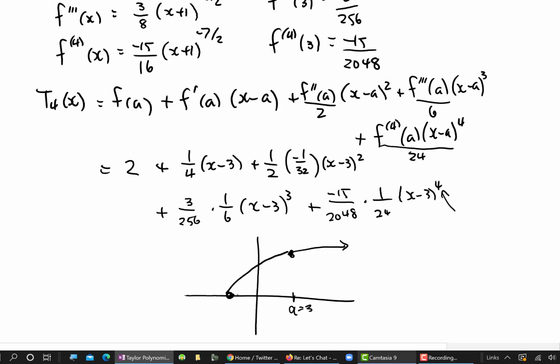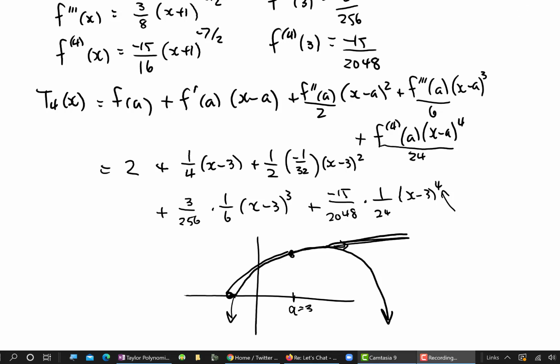If I were to grab a graphing calculator, this would cruise along like this and do a really good job here. And then, of course, they're going to diverge. The square root function is going to continue, and my degree 4 equation is going to go back down, kind of like a downward facing parabola, but it's degree 4. And I'm mimicking the square root graph near this point as best I can with this degree 4 polynomial.